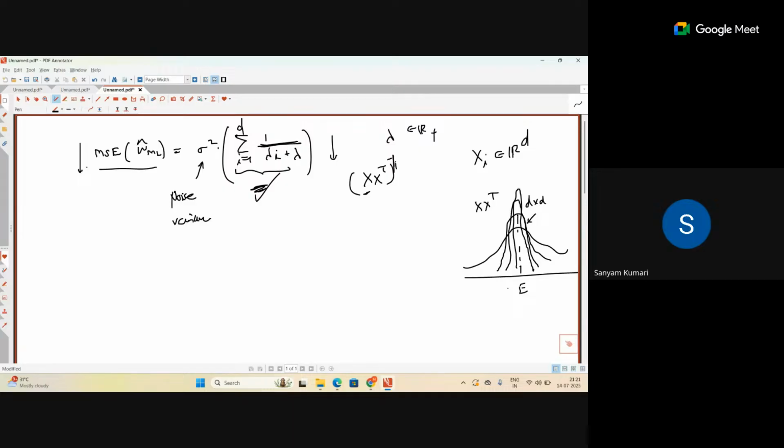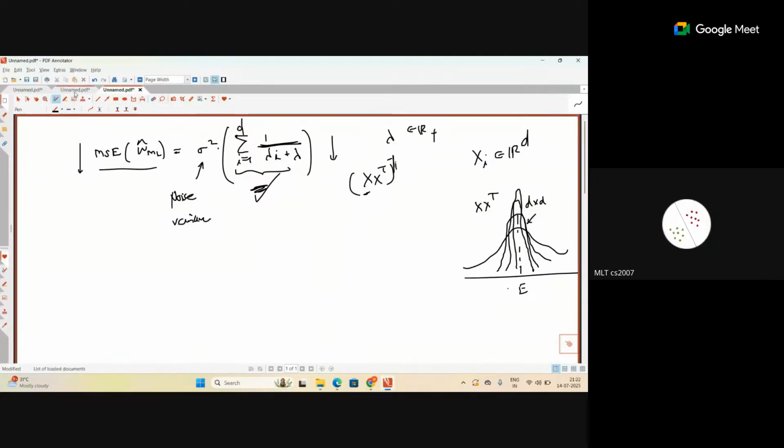Yes, MSE will decrease, but basically what is MSE? It is the noise variance times the data variances.